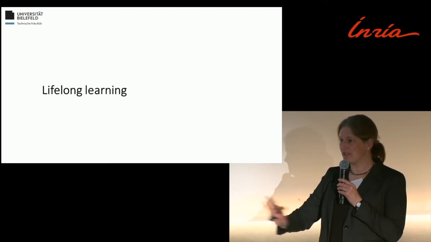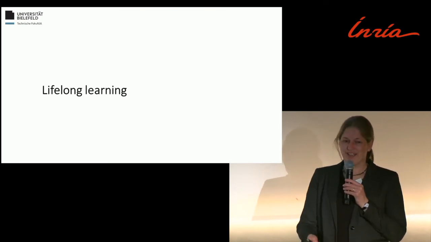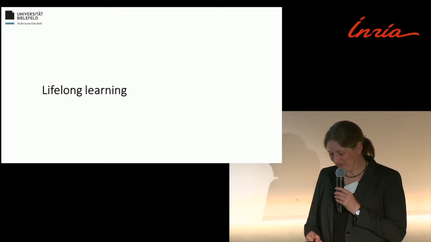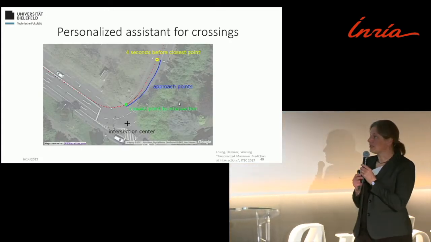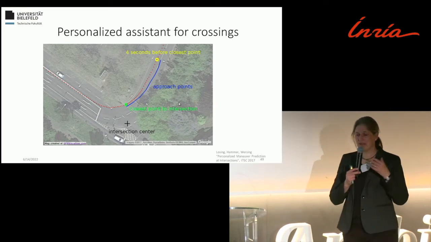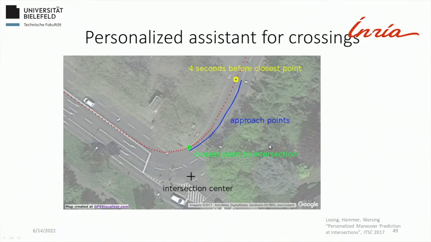And of course, everything can go wrong once people can tweak models. Let me start with an application where it is shown that the possibility to adapt after the delivery might actually yield much better performance.